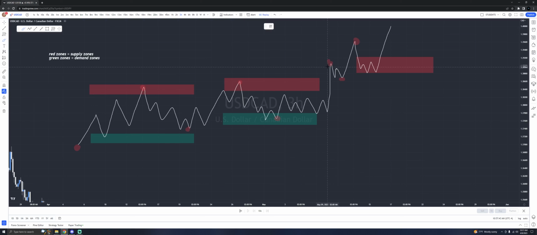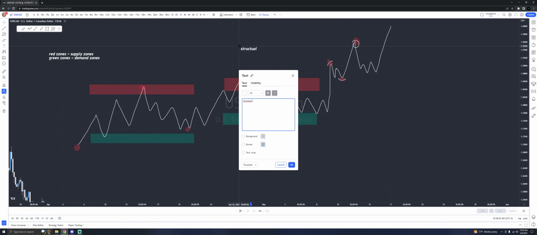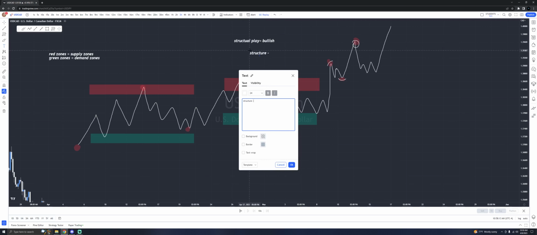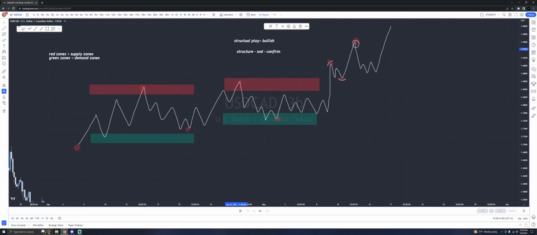Now that we have this higher high, this higher low, and let's just delete this for a second, you can see that once price continued, gave us a nice move to the upside, pulled right back down, made the new high, you already have your structural play, right? Your structural play is bullish. And with the bullish, now we're applying the structure, the S&D, and now your confirmation, okay? That is what we're going off here.